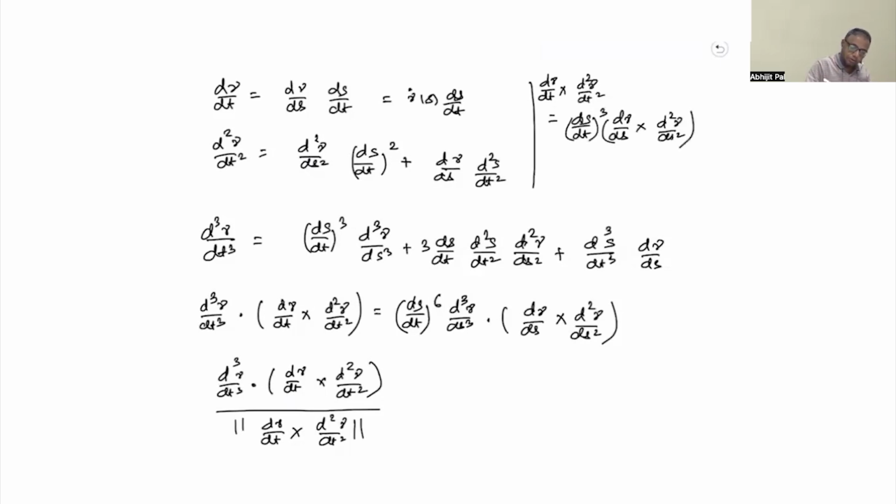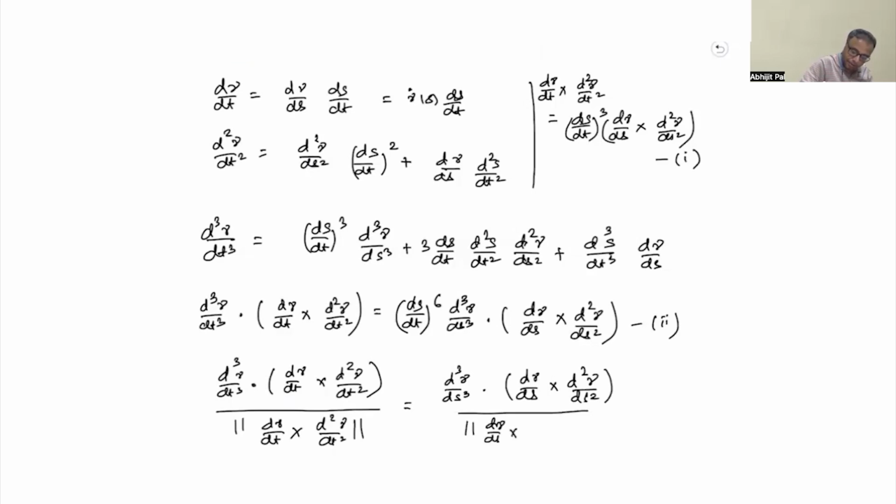From equations 1 and 2, what you can show is that this is equal to d3 gamma ds cube dot product with d gamma ds vector product with d2 gamma ds2, divided by the norm of d gamma ds vector product with this d2 gamma ds2. So these two things are equal.